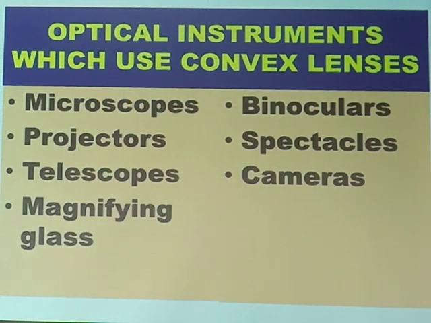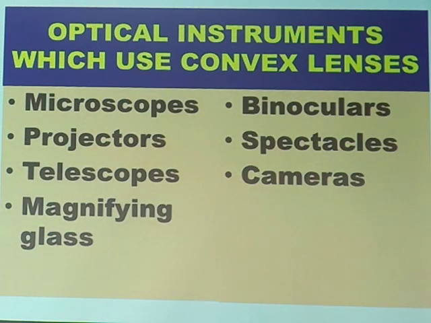Then a microscope. A microscope also uses a convex lens. I remember telling you that some of your parents or relatives are health workers. Or even if they are not health workers, they work in school laboratories, where we keep school equipment for carrying out experiments, studies and so on.